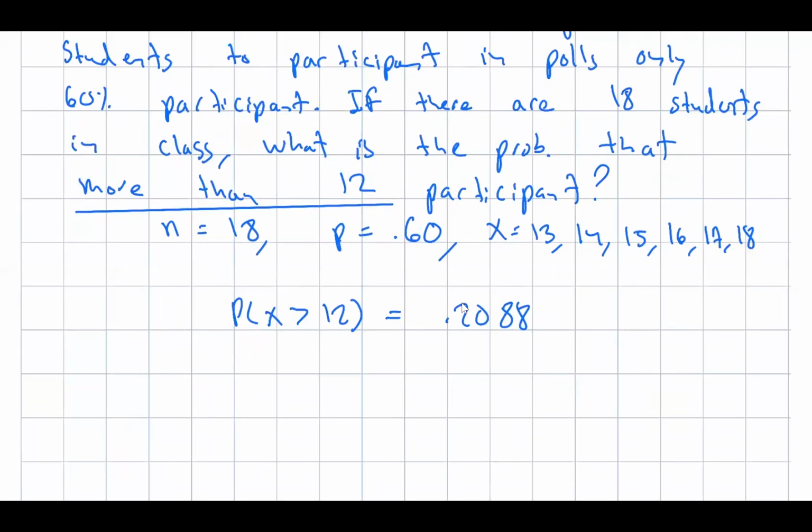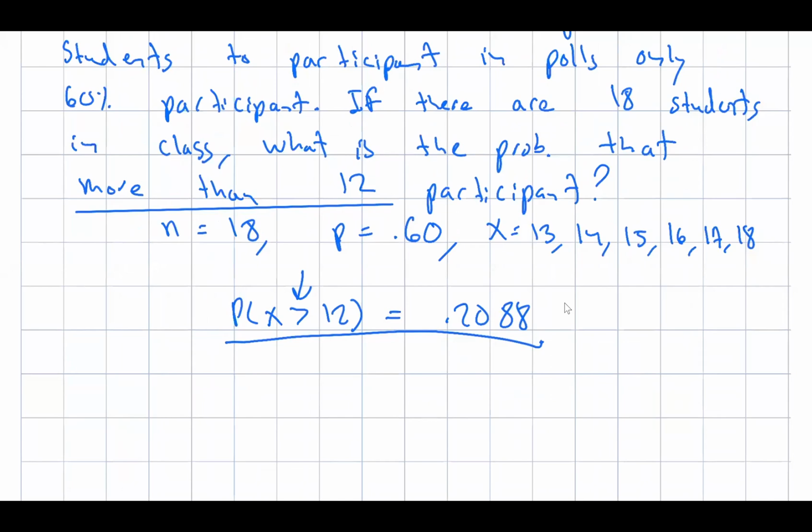This is how I drew it. Notice for the inequality, I just wrote greater than. I didn't put equal because it's not equal to 12. It has to be greater than 12. So the probability that x will be greater than 12 is 0.2088. Any question in regard to that?